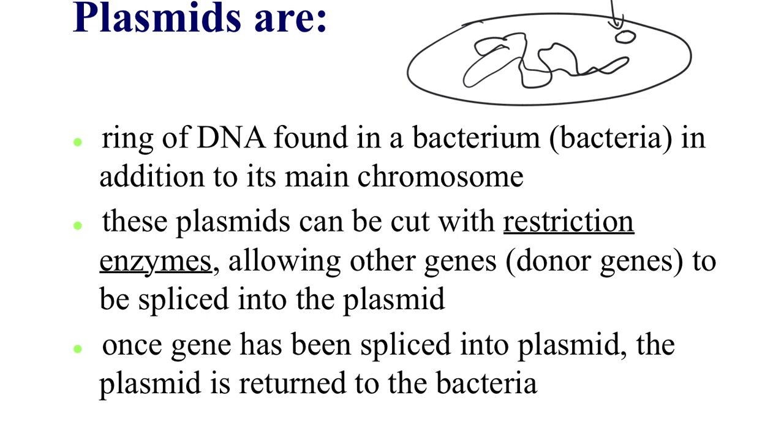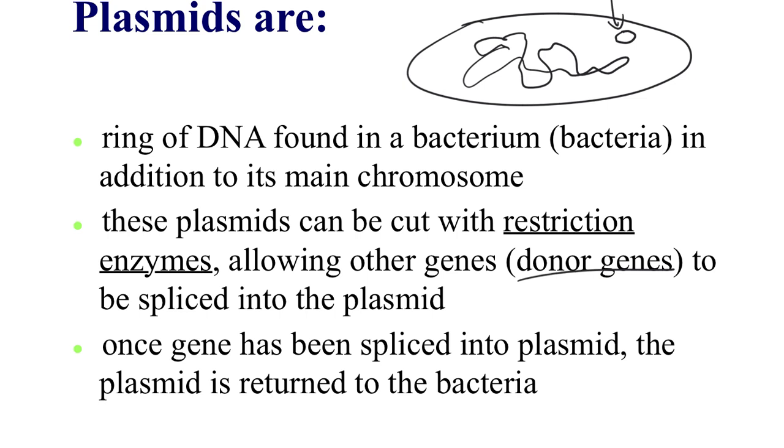They're very small compared to the chromosome. And what they do is use those to put in other genes called donor genes, after we've cut both genes, the plasmid and the donor gene, with restriction enzymes.